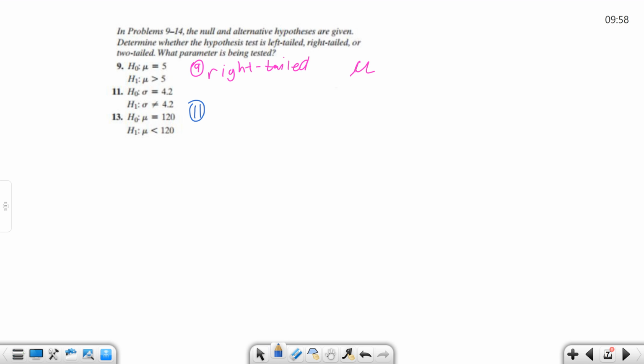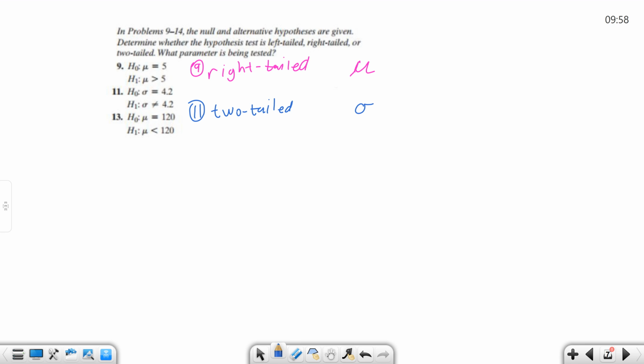So let's look at another one here. Let's look at 11. For 11, sigma is equal to 4.2 or not equal to 4.2. So this is two-tailed. Why is it two-tailed? Because it said not equal. If it had said less than or greater than, right? Less than is left, greater than is right. This is not equal to, so it's two-tailed. And what parameter is being tested here?